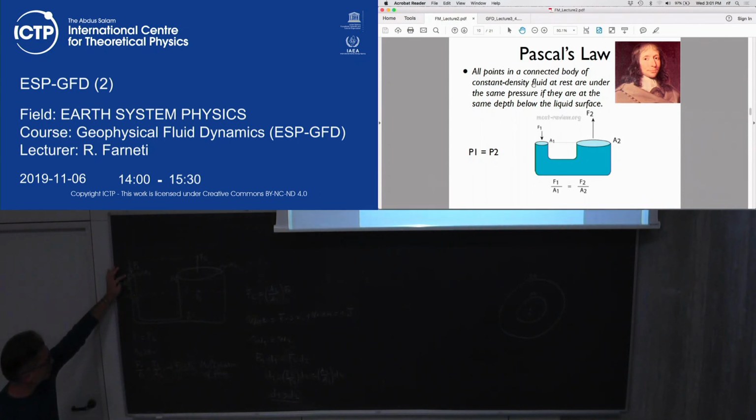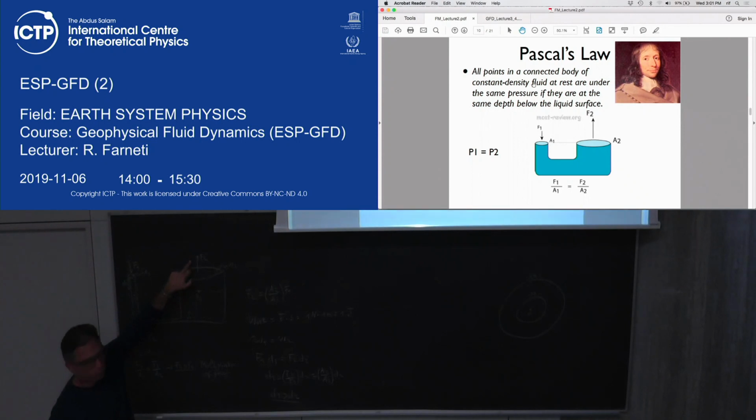Okay? And because A2 is much larger than A1, then F2 will have to be much larger than F1. Okay? So that's why the multiplication of the forces. With a small force F1, you generate a large force F2 on the other side because the area is much larger and the pressure has to be the same.